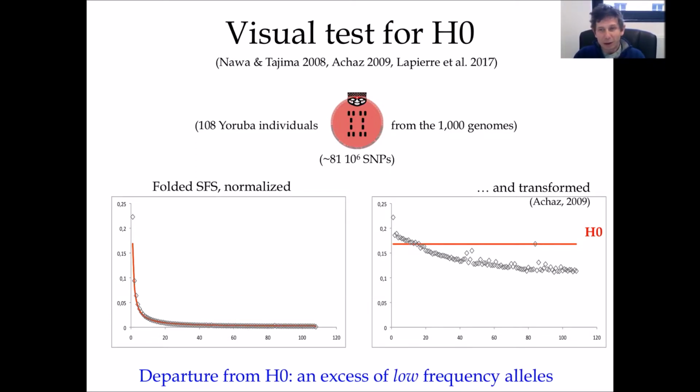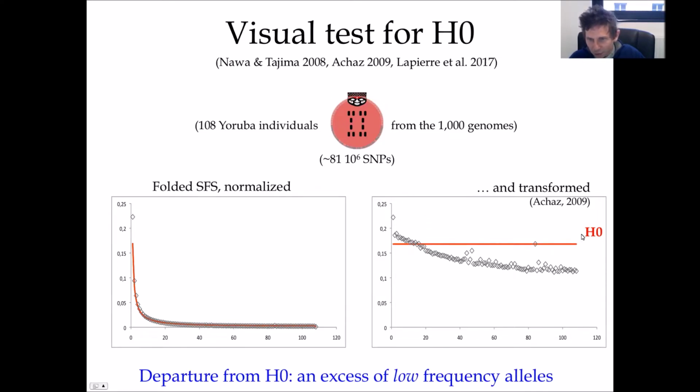So what I've advocated for a number of years is to use a transformed version of the spectrum, where you divide the observed value by the expected value under the standard neutral model. If the standard neutral model is correct, you would expect this red line.